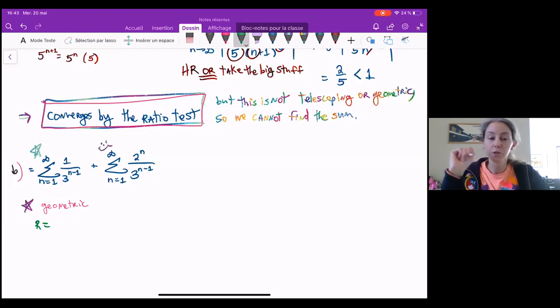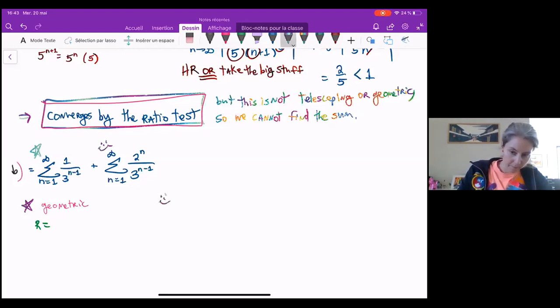So r is 2/3 for smiley face. What is it for star? I have a 1 in the numerator because there is nothing to the n. So my r is 1, exactly. Then I'm going to have a 3 in the denominator.